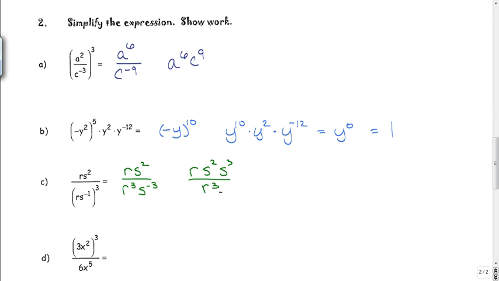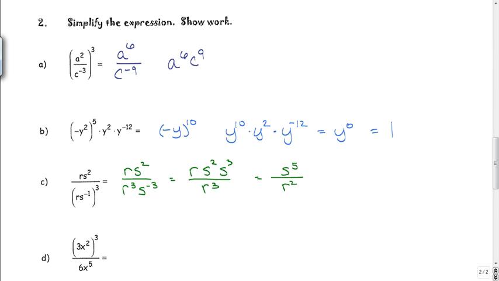So let's simplify. We have 1 r on top. We have 3 r's downstairs. So that means we're going to have just r squared in the denominator. But we have not 2, not 3, but 5 s's on top. Because s squared times s to the 3rd, we add our exponents, so we have s to the 5th. So this guy is done.